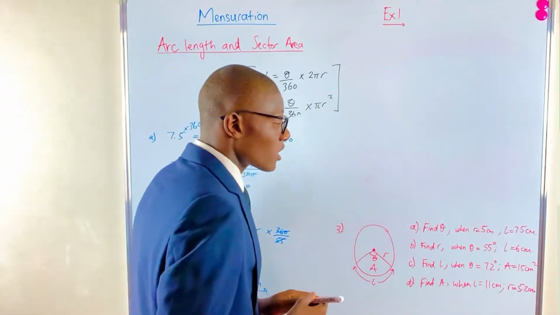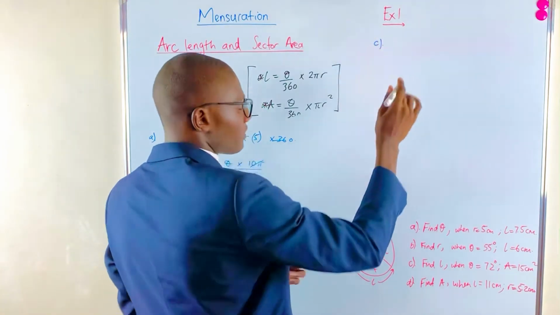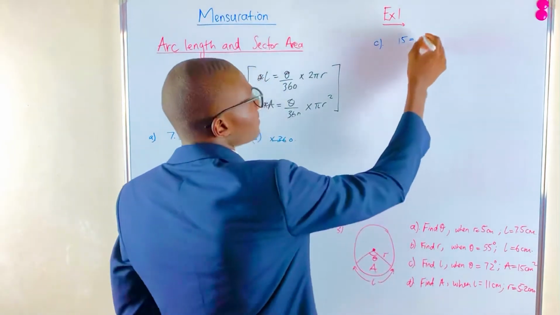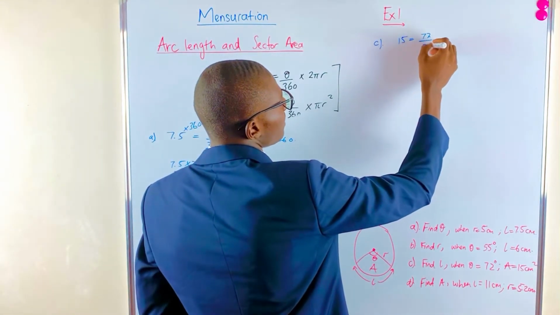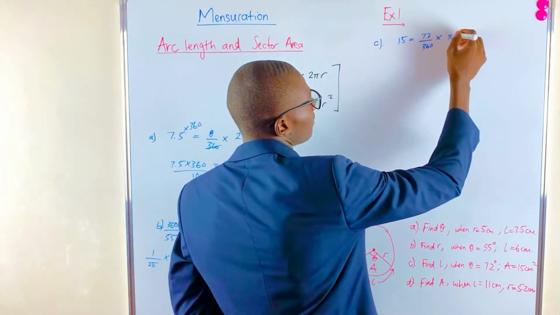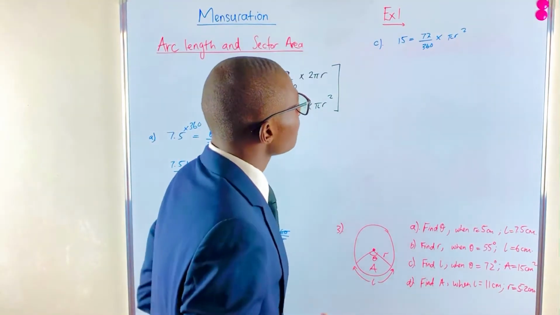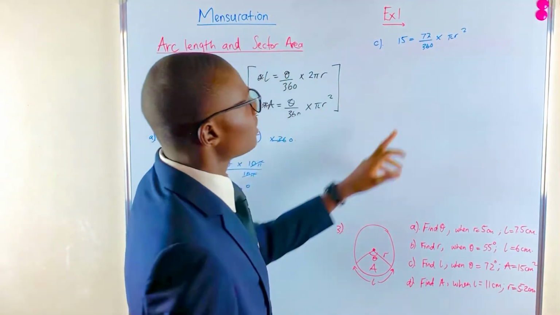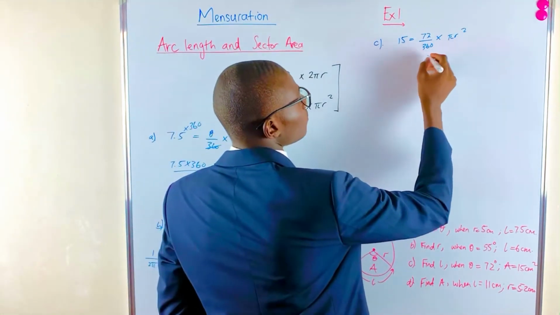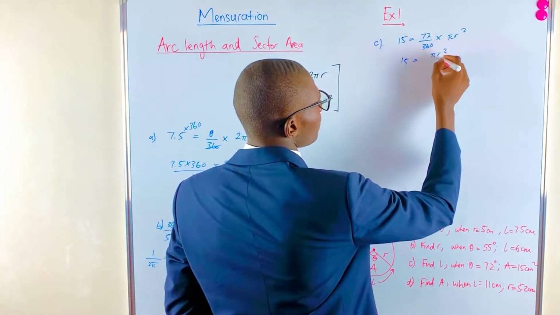So now we shall say, if area A, which is 50, is equal to theta, which is 72 over 360, times pi r squared, and we make r the subject of the formula. 72 over 360, that's 1 over 5. So we're saying 50 is equal to pi r squared over 5.